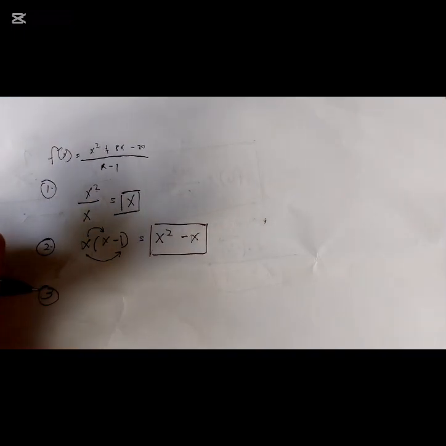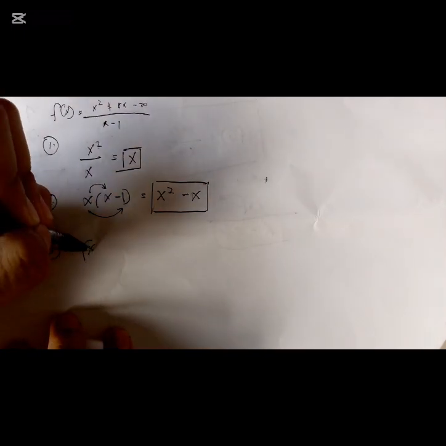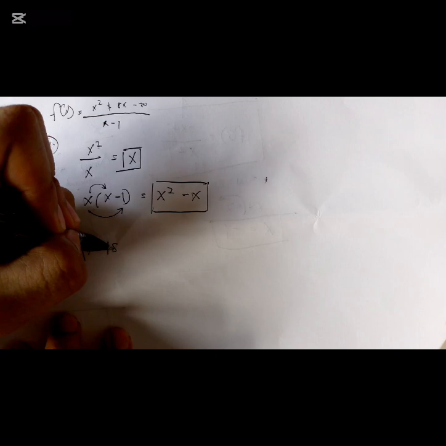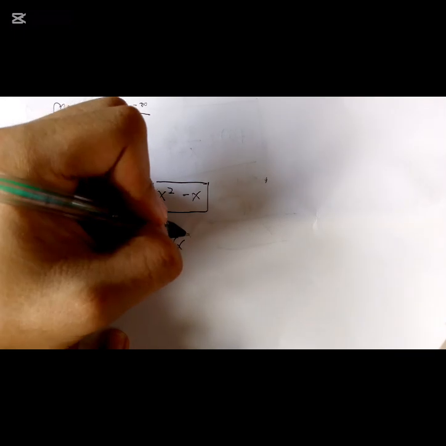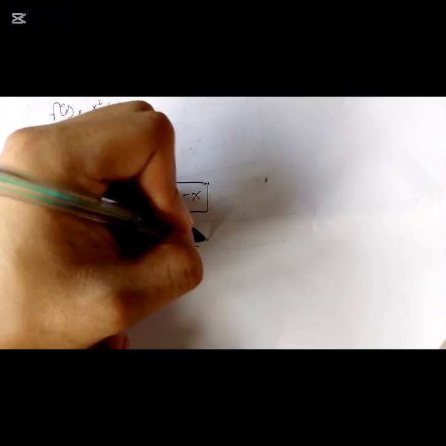This is process number 2. Process number 3 will be to subtract this from the original numerator. So therefore, you need to subtract: x squared plus 8x minus 20, minus (x squared minus x).